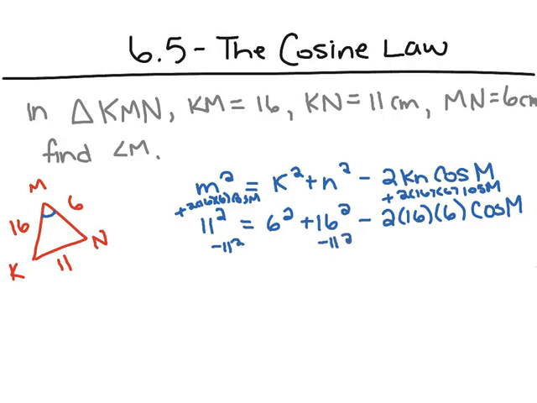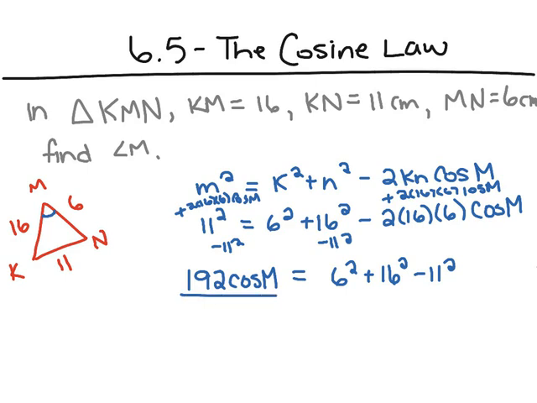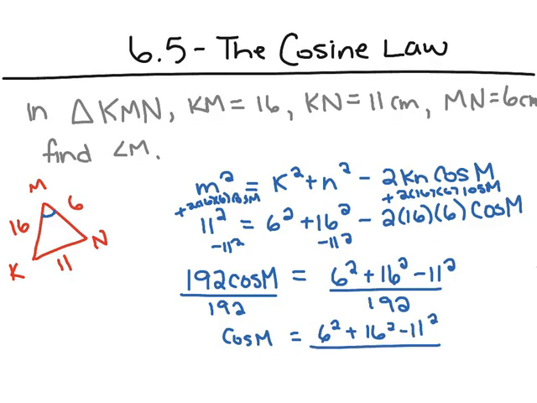So I'm going to be left with, 2 times 16 times 6 is 192, so 192 cos of M is going to be equal to 6 squared plus 16 squared minus 11 squared. And I want to divide both sides by 192. So cos of M is going to be equal to 6 squared plus 16 squared minus 11 squared over 192.